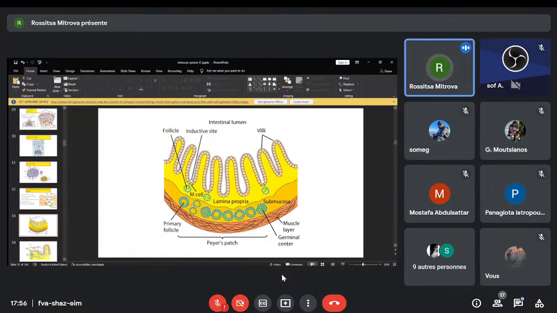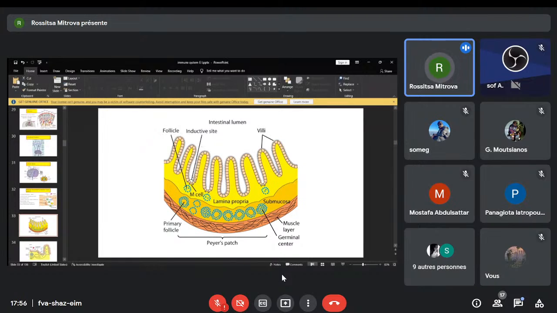Here you have a Peyer's patch. Very important are these M cells. This is the microfold cell. They are located in the epithelium that covers the mucous membranes, and actively transport pathogens from the lumen. Here you have the intestinal lumen.